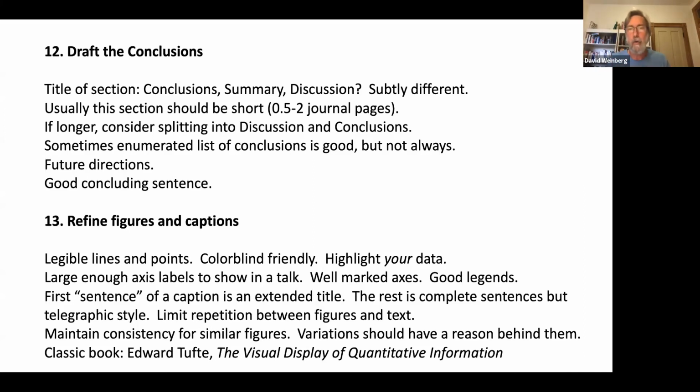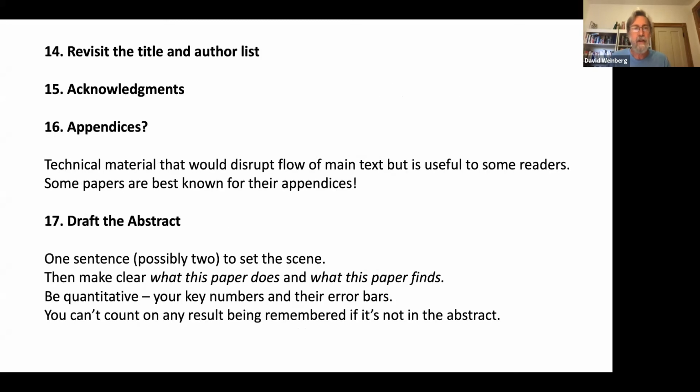So don't alter which colors you're using to show which models unless there's a really good reason to do so. And this book by Edward Tufte, The Visual Display of Quantitative Information, is sort of a classic on both do's and don'ts of making figures.